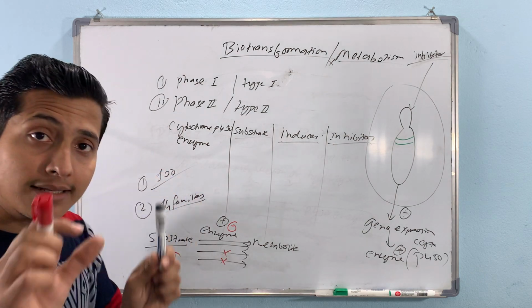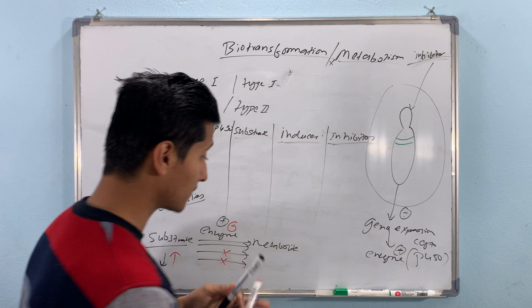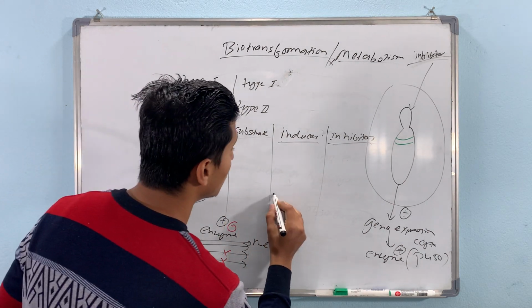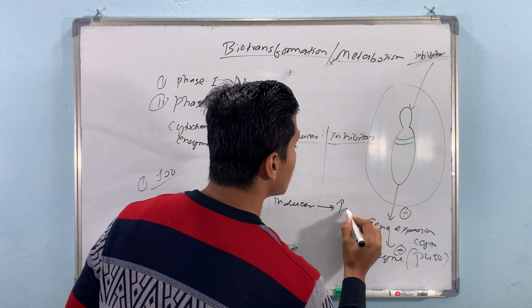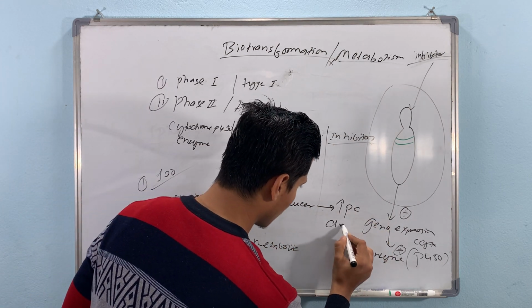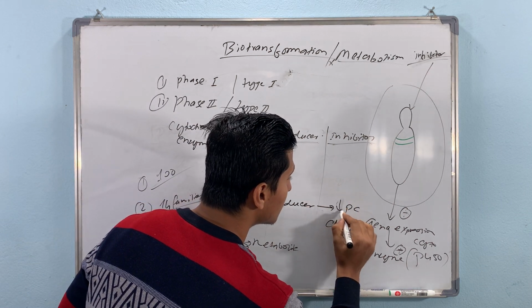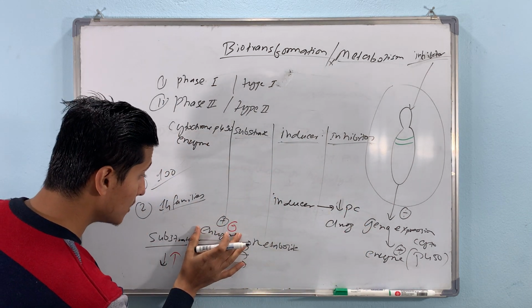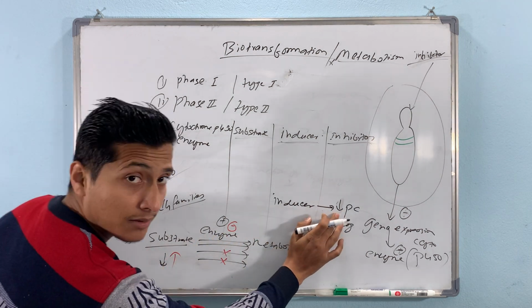So in gist, the inducer causes a decrease in the plasma concentration of a drug. The inducer increases the enzyme amount, and with more enzymes, more substrate is metabolized, so there is a lesser amount of substrate in the blood.